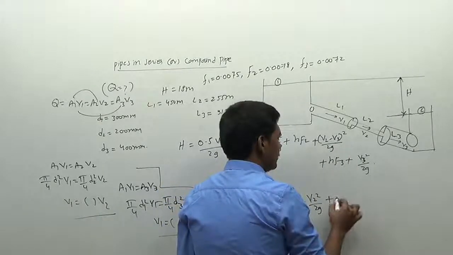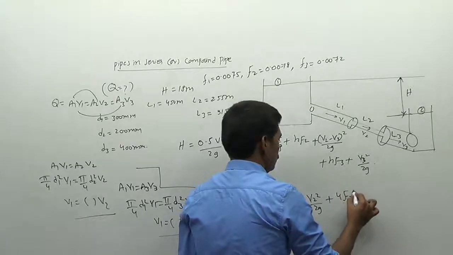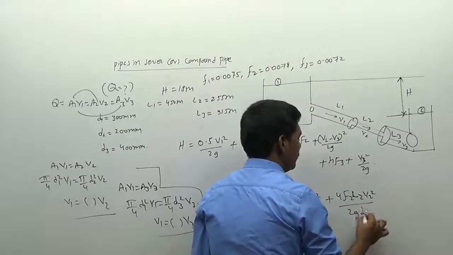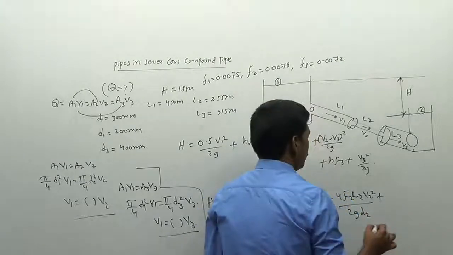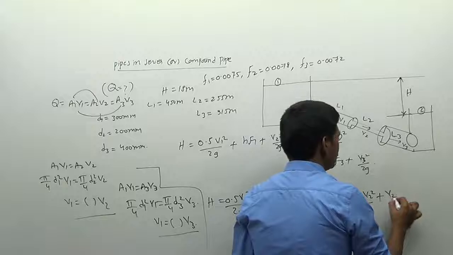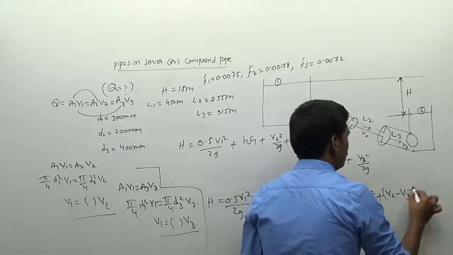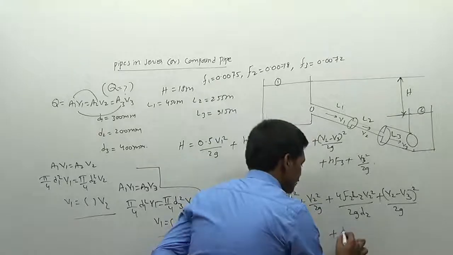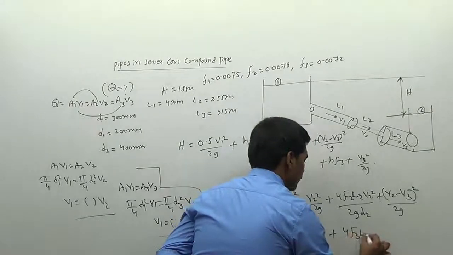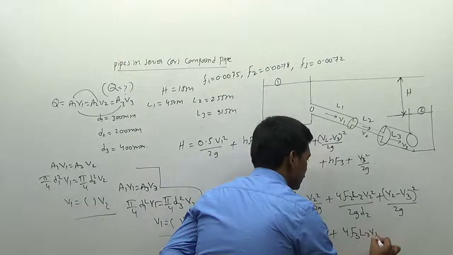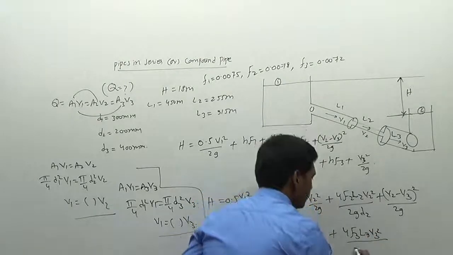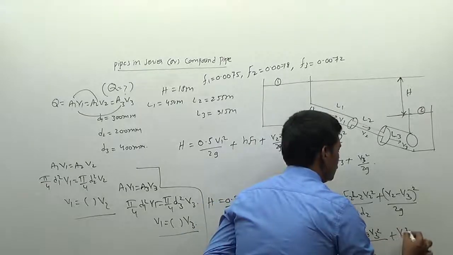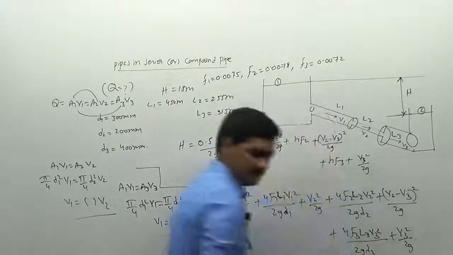I can write this value as 4 F2 L2 V2 square divided by 2G into D2, plus V2 minus V3 whole square divided by 2G, plus 4 F3 L3 V3 square divided by 2G D3, plus V3 square divided by 2G.